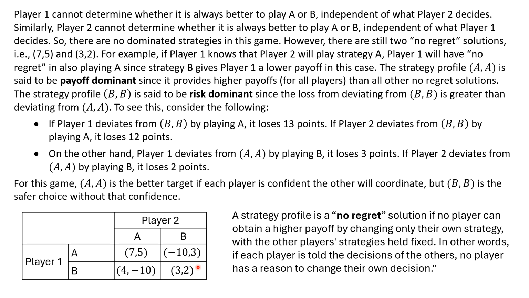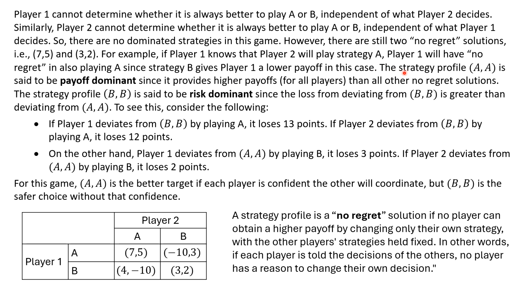You have the same thing down here. From 3-2, if player 1 went to A, then it would go to -10, so it would lose there. And if player 2 went from B to A, it would lose 12. Right? It would go from 2 to -10.